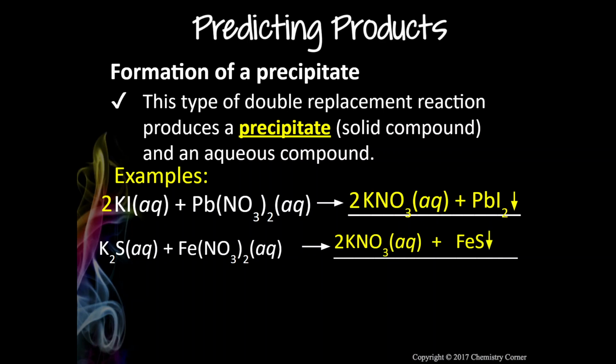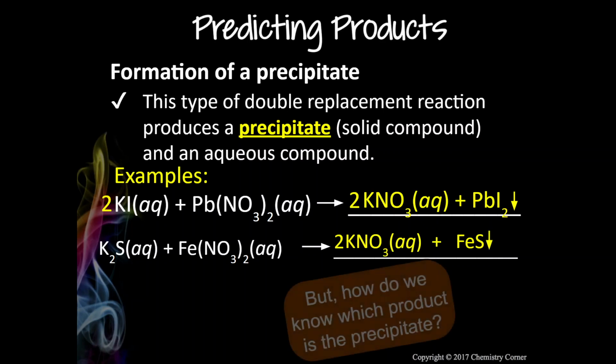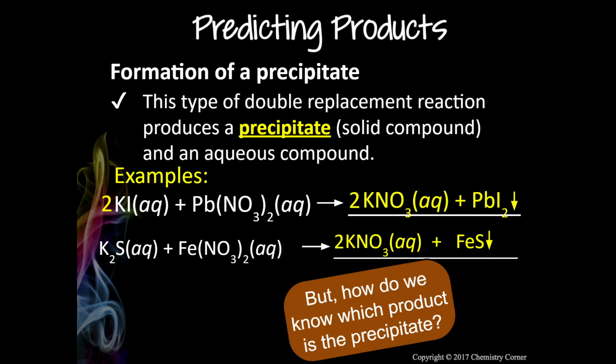if I look at my insoluble compounds, I see that sulfides are insoluble. At the very bottom of the page, it says sulfides are insoluble unless it is with a group 1 ion or ammonium. Well, on the reactant side, it was with a group 1 ion. Not anymore. Now the sulfide is with iron 2, and so that is going to form a precipitate and fall out of solution and make a nice solid.